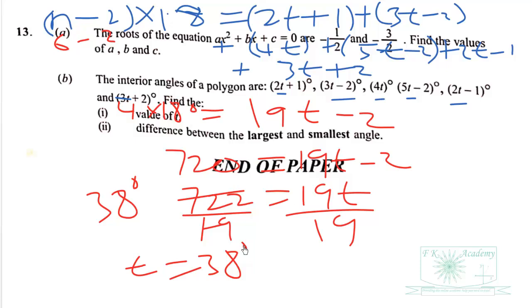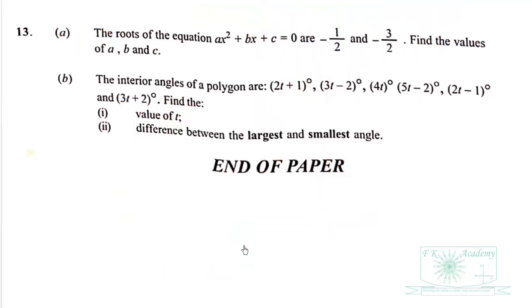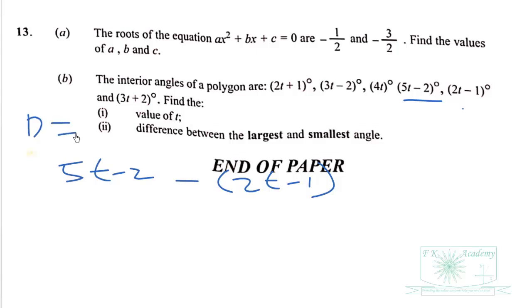We have to find the difference between the largest and smallest angle. So the largest angle will be 5t minus 2, minus the least angle, which will be 2t minus 1. And the difference will be equal to 3t, because 5t minus 2t gives us 3t, then minus 2 plus 1, so 3t minus 1.